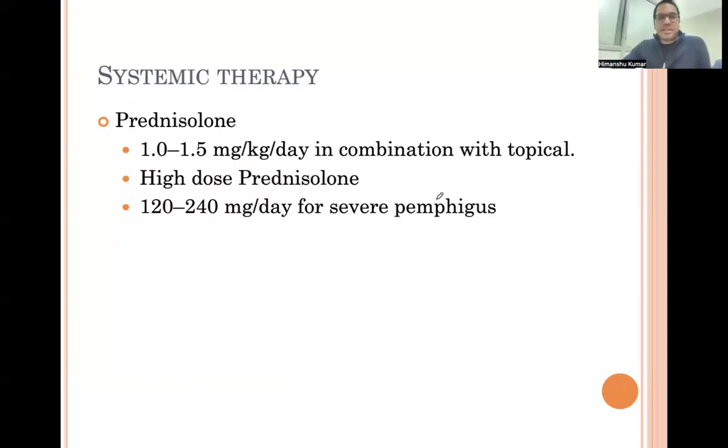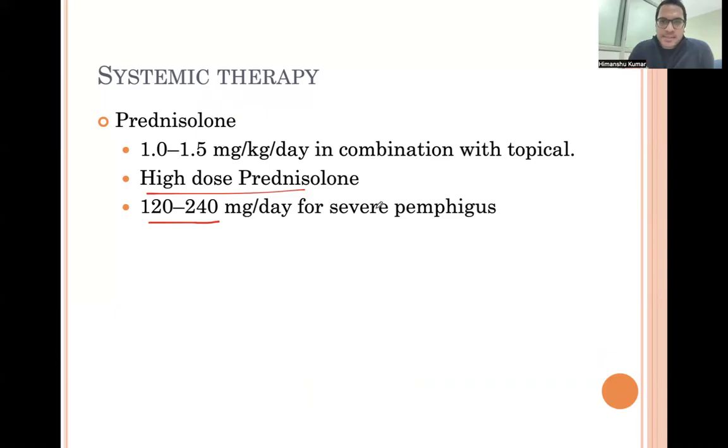Coming to systemic therapy, for systemic treatment, the drug of choice is prednisolone, which is your systemic steroid tablets. We usually start with a high dose, and in pemphigus might have to use up to 100 to 120 mg per kg in severe conditions. Of course, steroids have their own set of side effects for long-term use.